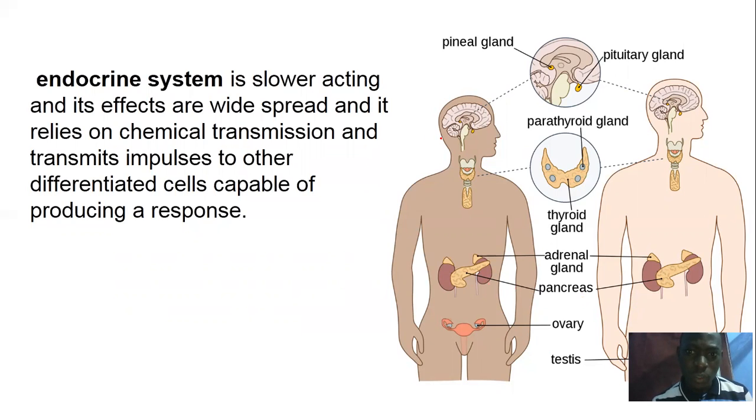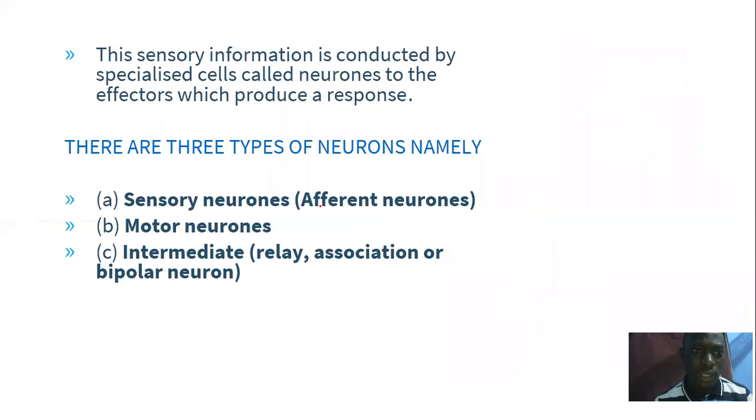For example, when a hormone is produced in the brain, it will be released in the blood, and then it will go all the way, for example, to direct a response, let's say on the kidney. So it is so slow, and of course, it will bring about initiation of a given response within the body.